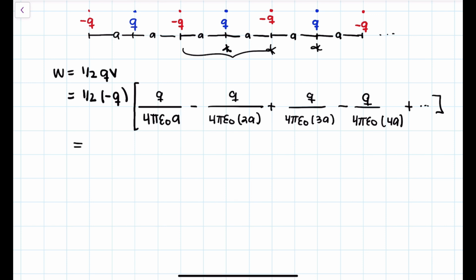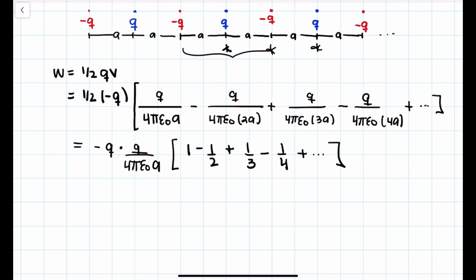So the 2 would cancel out, right? The 1/2 would cancel out by multiplying it by 2. And we would have negative q times q over 4 pi epsilon naught a. And then we would have, well, that is literally the first term, so that's a 1. And then next, only the 2 remains on the denominator, so we have 1/2, and then 1/3, 1/4.